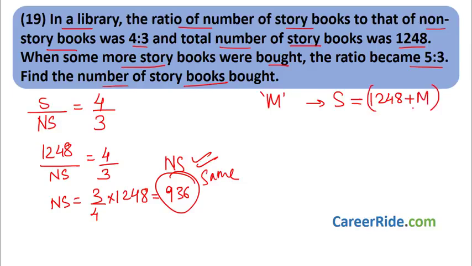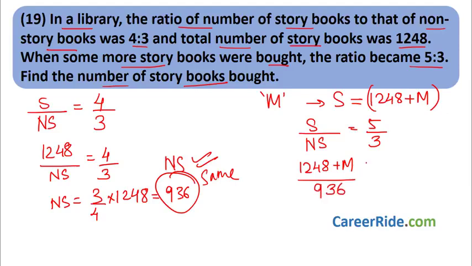This is the new number of story books, and they have given the ratio became 5:3, that is the ratio of story books to non-story books became 5/3. Number of story books are now 1248 plus m divided by 936. Why? Because that is the number of non-story books, that would be 5/3.